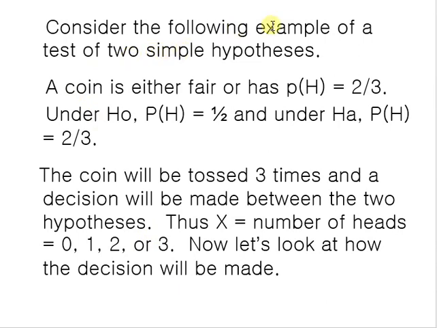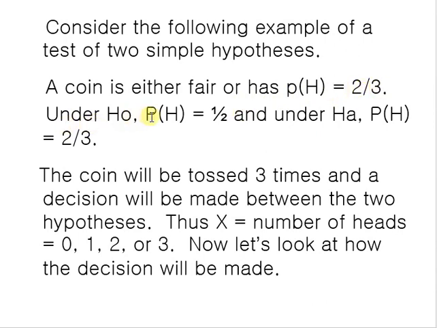Consider the following example of a test of two simple hypotheses. A coin is either fair or has probability of heads 2 per 3.